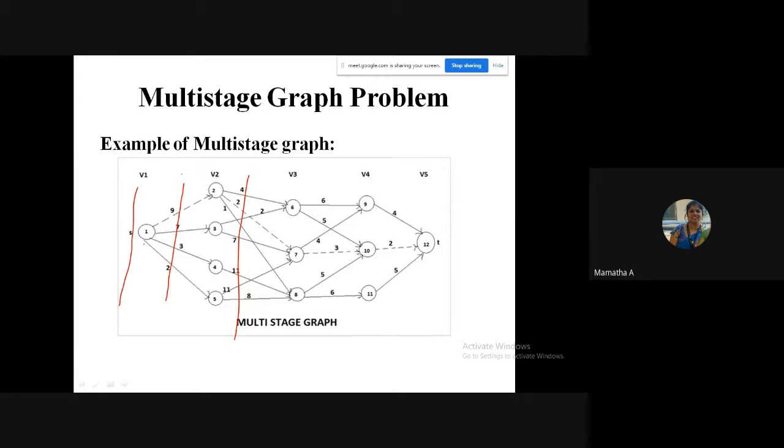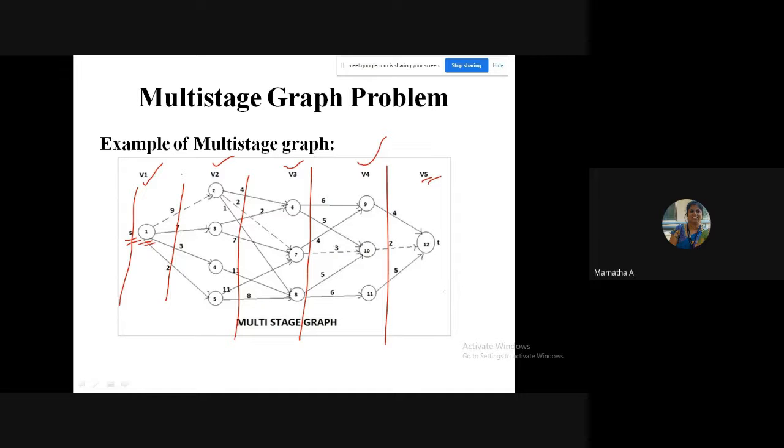Stage 1 has only one vertex, which is called the source. This is stage 1, so I name it V1. Stage 2 vertices are V2, stage 3 is V3, stage 4 is V4, and this is V5.